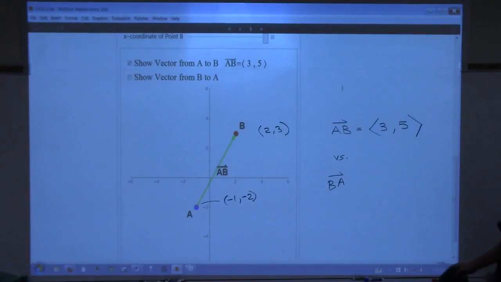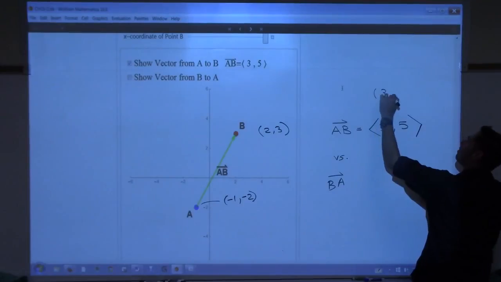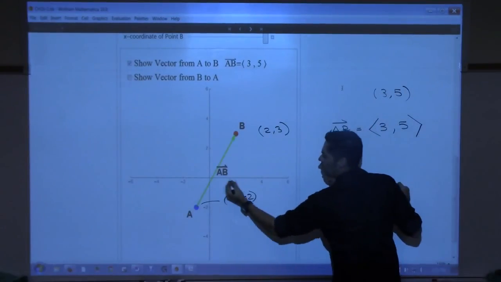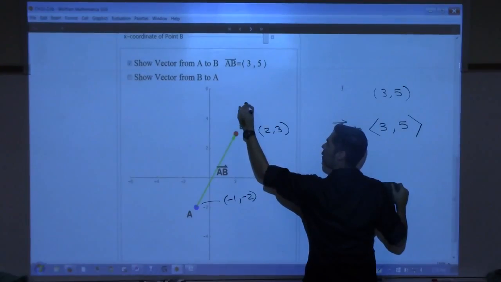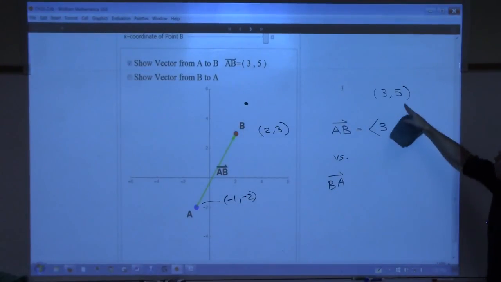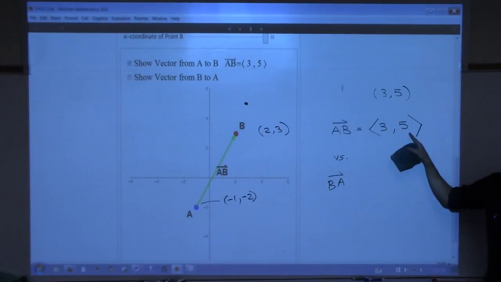What is the difference, though? I really want to make sure you understand. If I were to say, come in here and everyone plot this point, 3, 5, you got 3, you got 5, right? You'd be somewhere around in here. 3, 5 is this point, right? The vector 3, 5 is what?